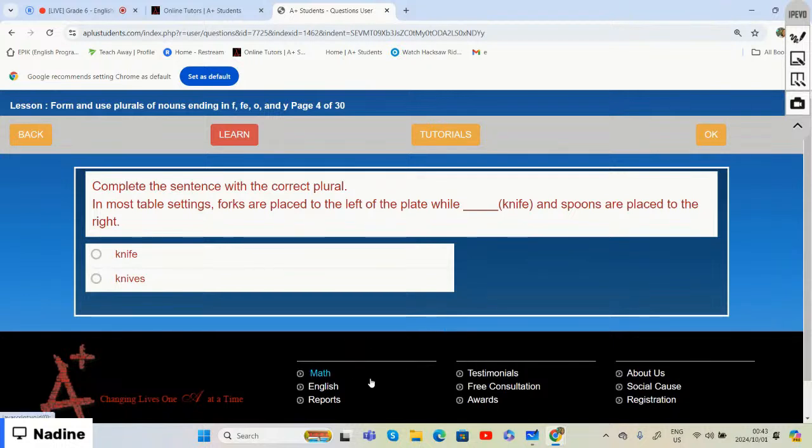All right, let's look at two more and then we are done. In most table settings, forks are placed to the left of the plate, while knife, or plural of knife, and spoons are placed to the right. So, what is the plural of knife? To show that there's more than one, do we say more than one knife, option one, or more than one knives, option two?